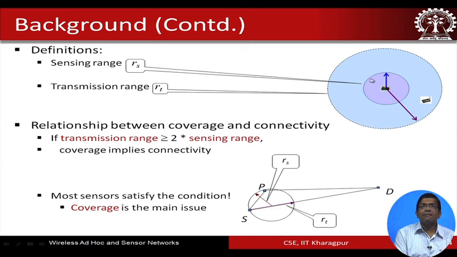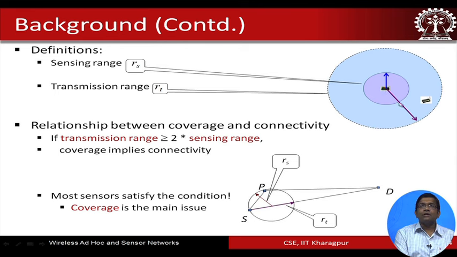In this particular example, we can see that this circle denotes the extent to which this node can sense, and the bigger circle shows how far the node which has sensed would be able to send the sensed information.